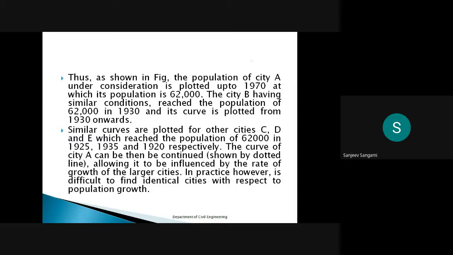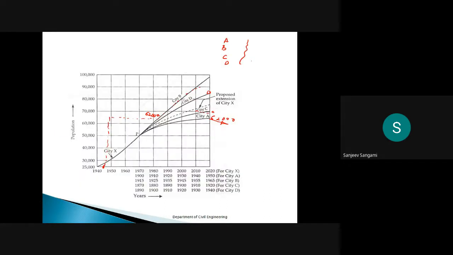Then what I have to do is, suppose for city X, if I want to plot it.